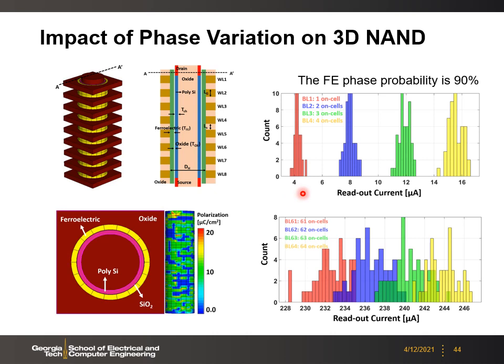So when the number of on-cells is small, then the readout current is still distinguishable. But when the on-state cell along the bit line becomes large, then we see significant overlap between different readout current distribution of the on-cells. But fortunately, the neural network can tolerate such effect to some extent because we have the partial sum quantization effect. Therefore, we can use lower ADC precision to quantize the neural network.